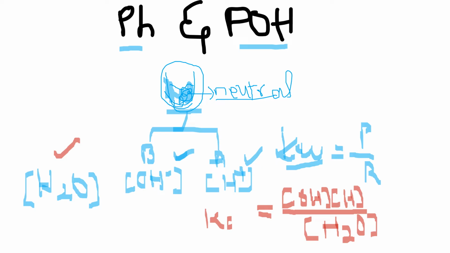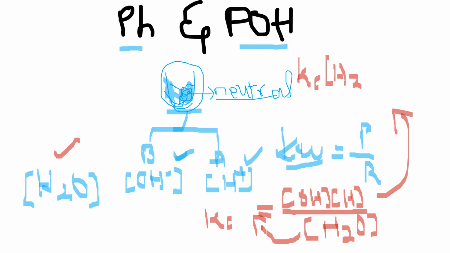Now here H2O is in the denominator, after moving it to the other side it will multiply. Let me write this here. So it will be something like Kc times the concentration of H2O, and that would be equal to this content.